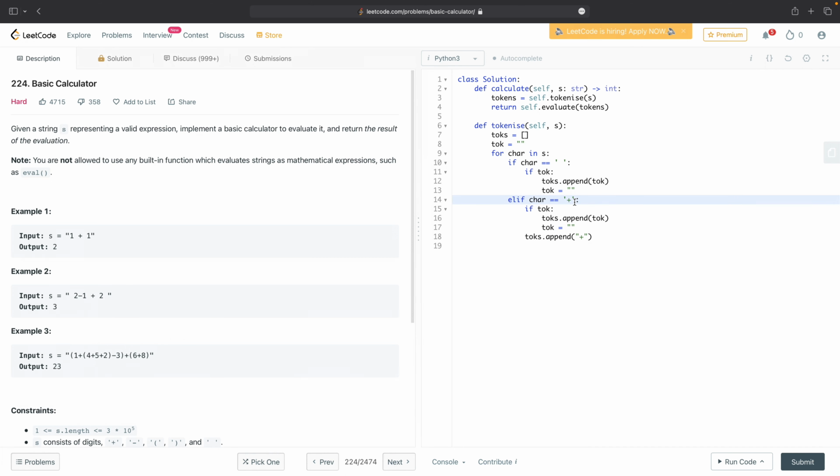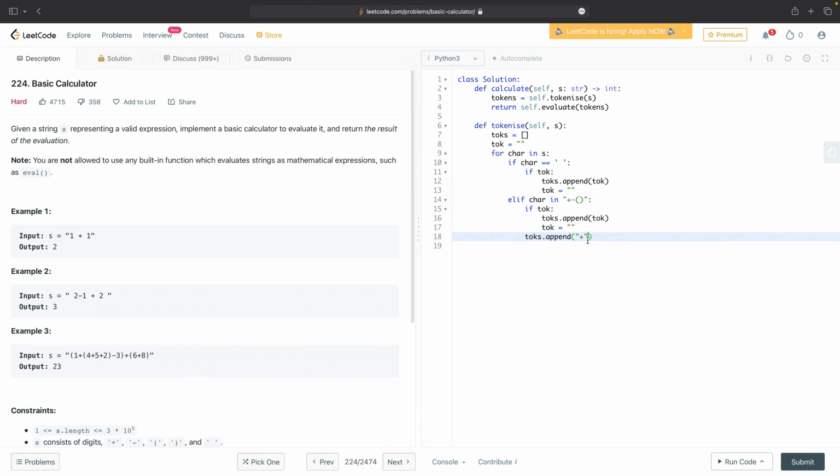In fact, this is also true for the minus. In fact, if car in plus, minus, or parentheses.